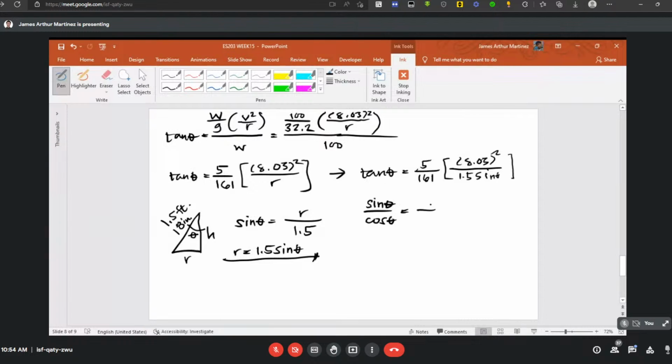So, equal now to 5 over, wait, let me simplify this further, the right side expression. So, 5 over 161 multiplied by 8.03 squared all over 1.5, you have 1.335 all over sine theta.